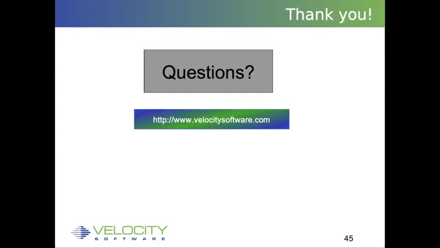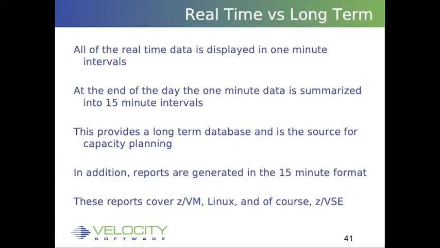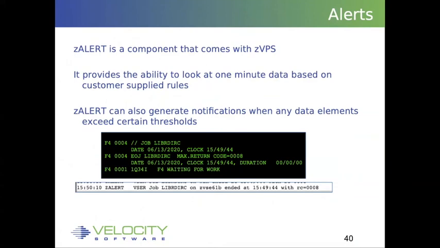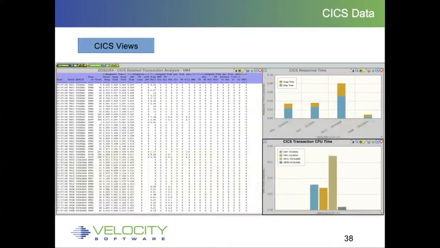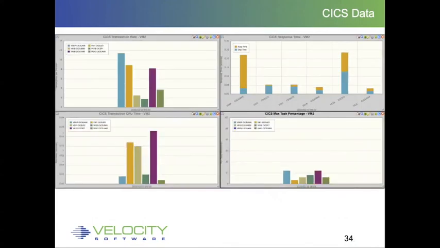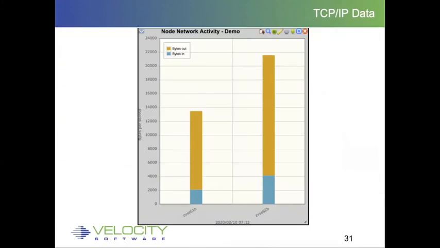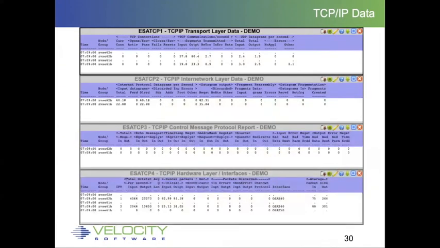Okay. And another question just in. What type of information do you show for the TCP/IP stacks? That was actually way back here. Give me a minute here to get back. We show network activity information. So this screen right here gives us an idea of, there's four different screens that I put up on this one display.